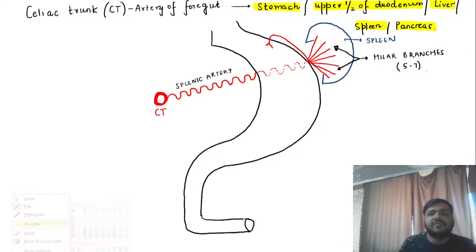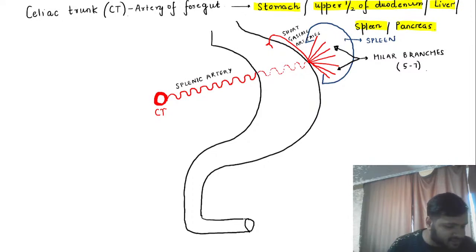So I will be writing it in black so that you are aware that these are the short gastric arteries. If I ask you, short gastric arteries are basically arising from what? It is arising from the splenic artery. It supplies the fundus of the stomach.